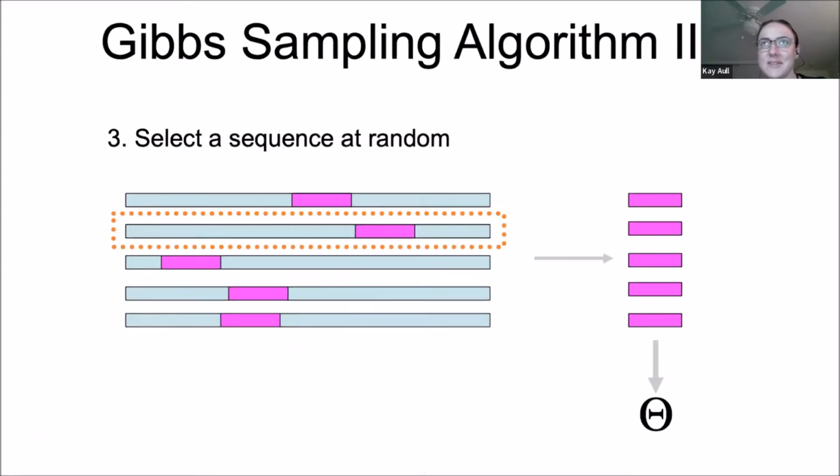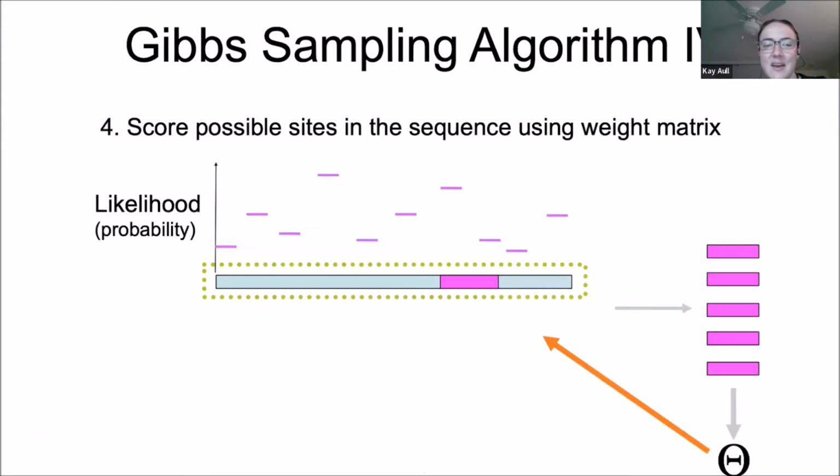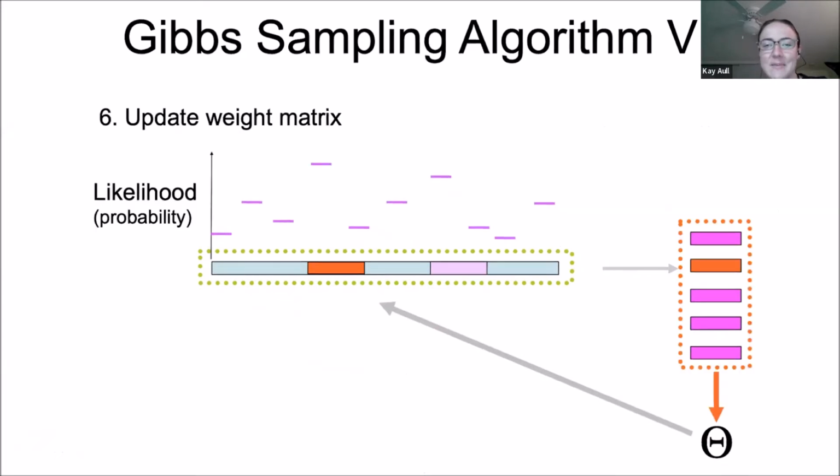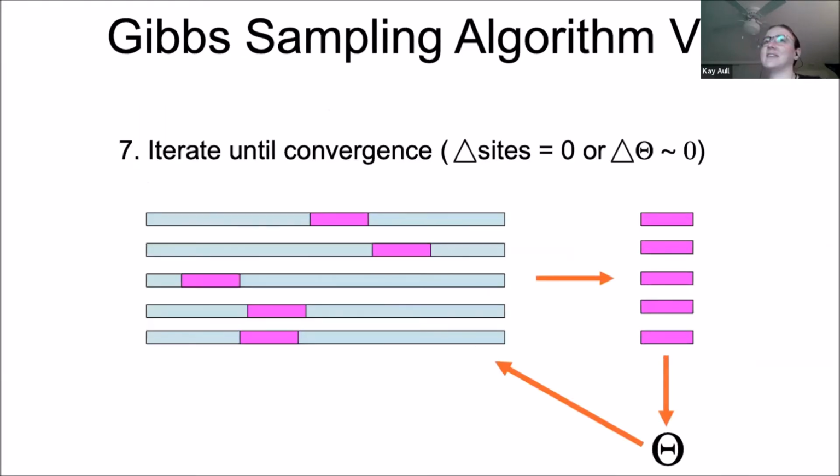You take a sequence, and then you figure out, okay, where along this sequence is likely to be a good motif that matches everything else in my pile. If you are a good match for what else is in the pile, you can go into the pile, we'll recompute the matrix, and then we'll do it again. We'll do it again until it converges.